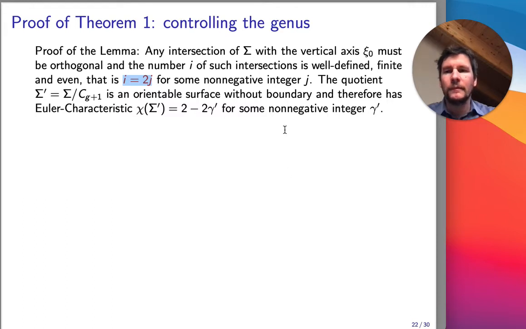Okay. Then what we do is we look at the quotient of our surface by this cyclic symmetry group, which is an orientable surface, and it has therefore some Euler characteristic. Let's call the Euler characteristic just 2 minus 2 gamma prime, where gamma prime is the genus of this newly constructed object.